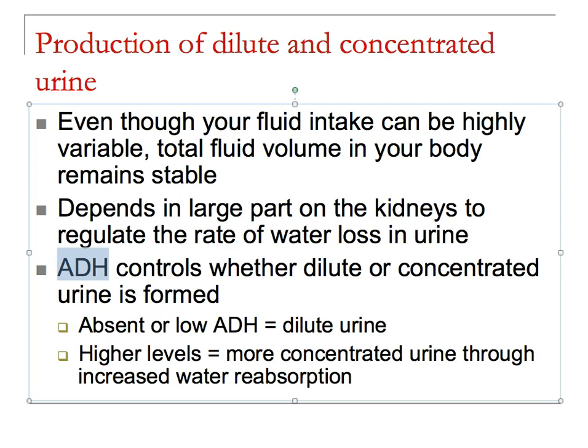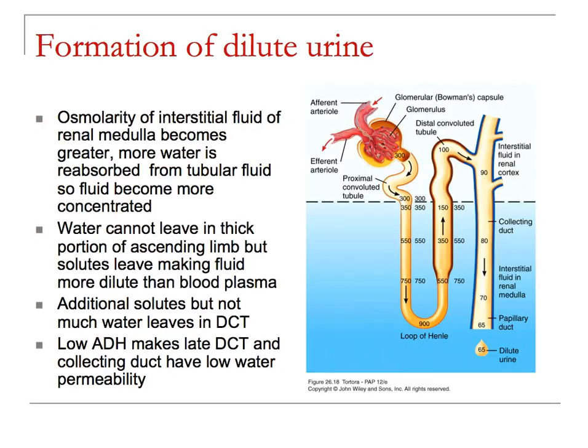Okay. Now things are going to get weird. And by weird, what I mean is we're going to focus our attention on the juxtamedullary nephrons. Okay. Where we need to think about what the osmolarity is of the fluids inside of the tubes. What you're looking at here, aside from getting really weirded out by all the numbers, is you have essentially even osmolarity as materials enter into the proximal convoluted tubule, right?